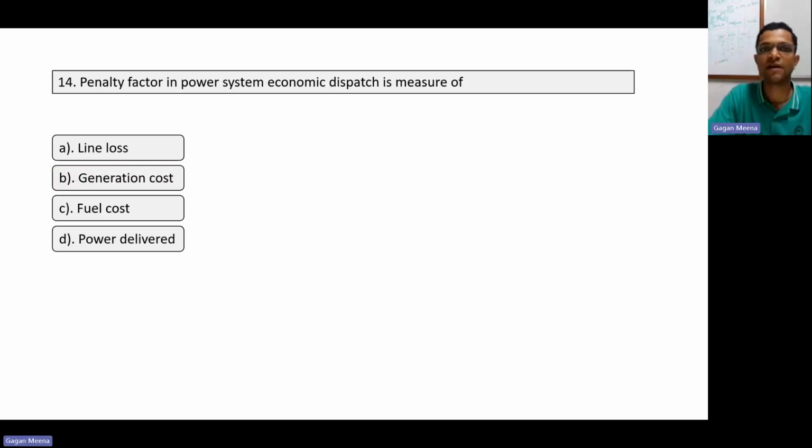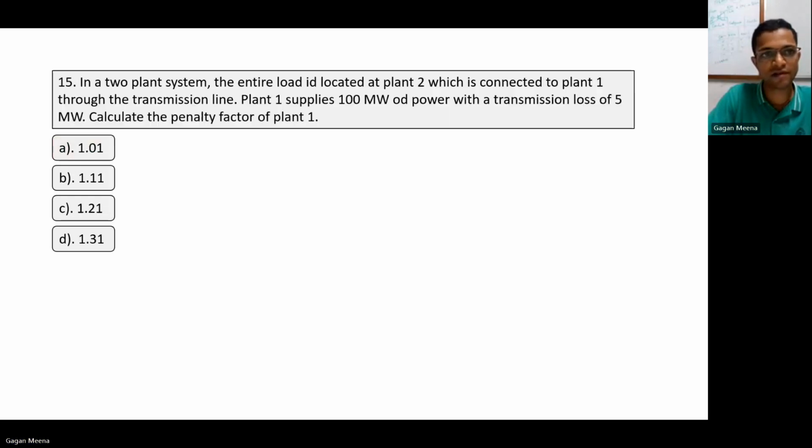Then, penalty factor in power system economic dispatch is a measure of line loss. These penalty factors are used for calculating the line loss, which is a function of the generation as well as the system network topology. In a two-plant system, the entire load is located at plant 2.